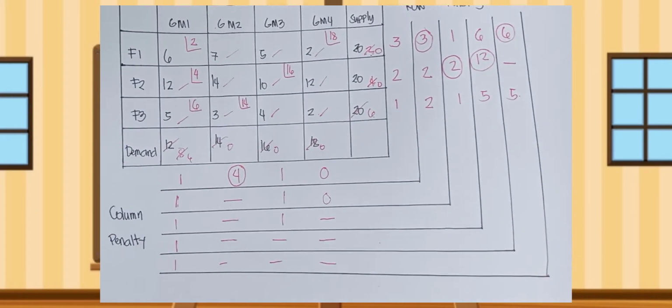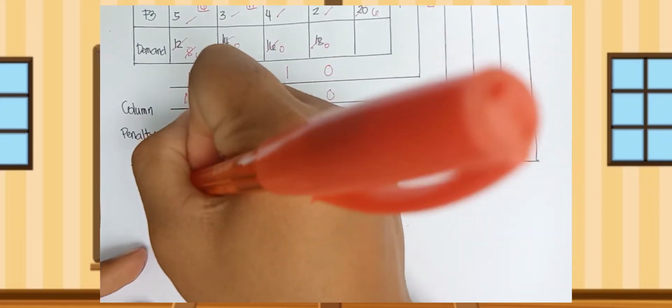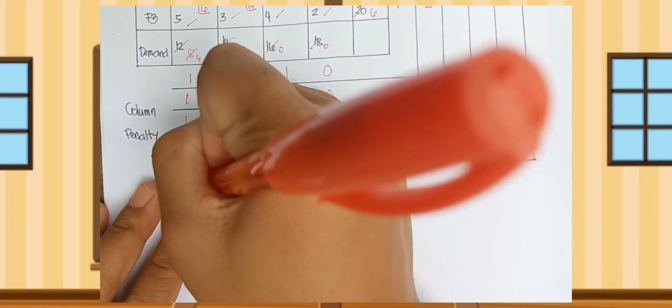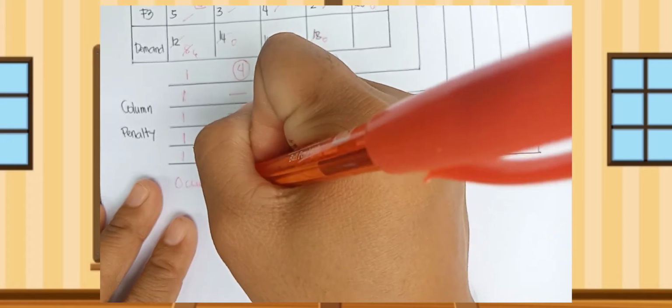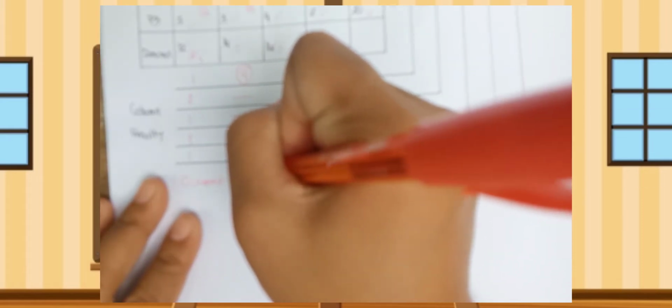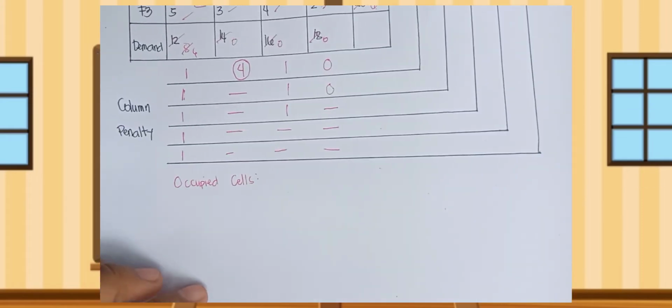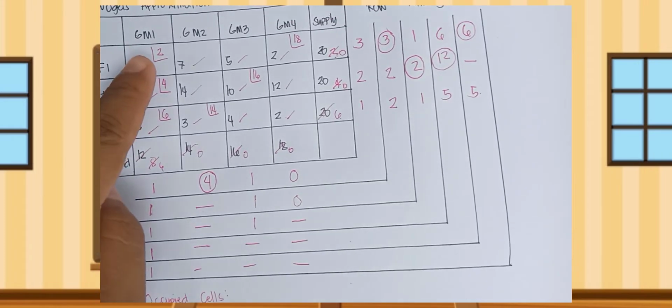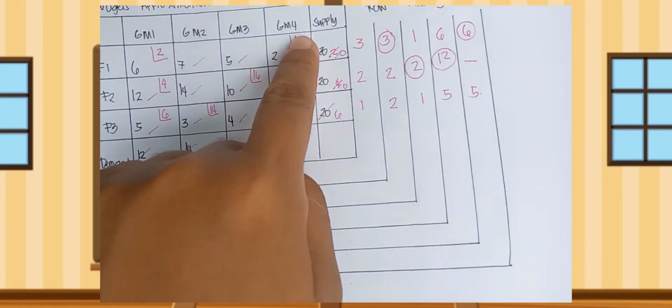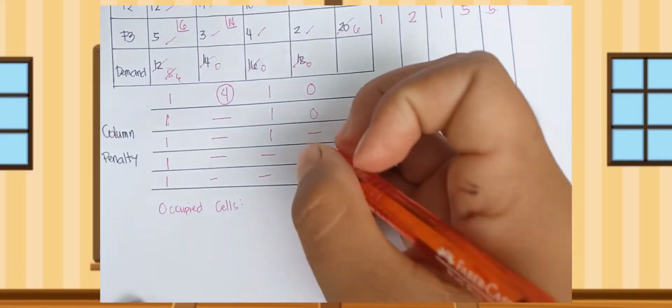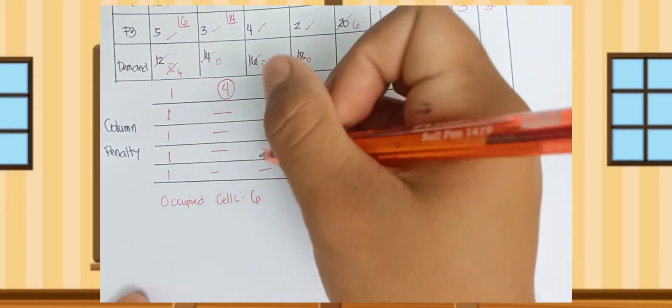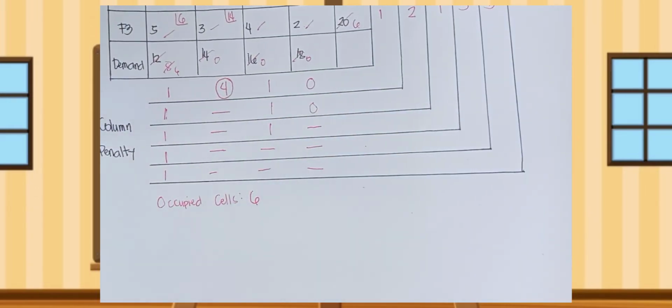After that, we will find the occupied cells. We will count the occupied cells. So we have 1, 2, 3, 4, 5, and 6. 6 occupied cells. Then the total cost.